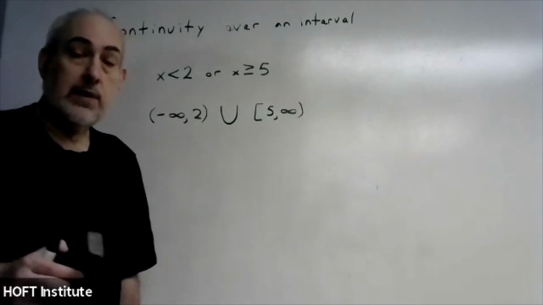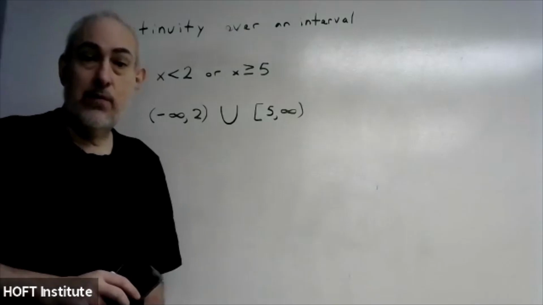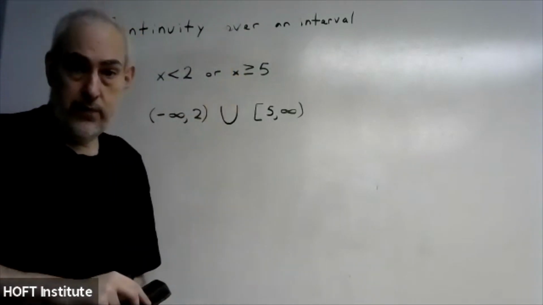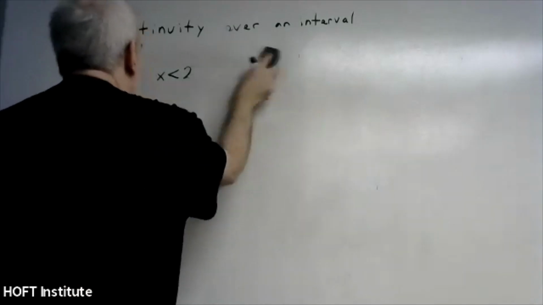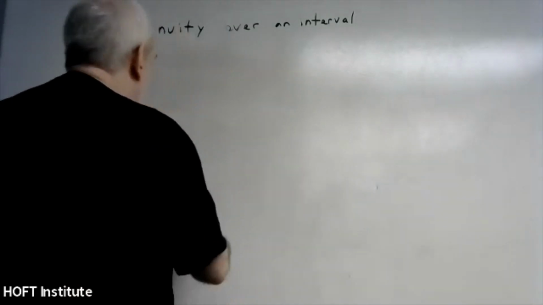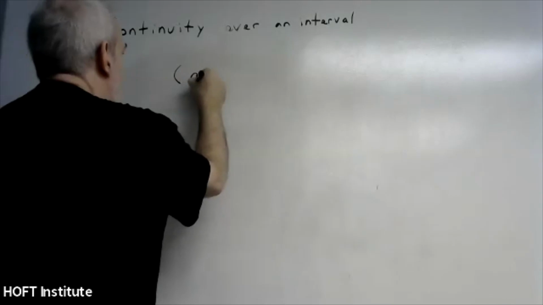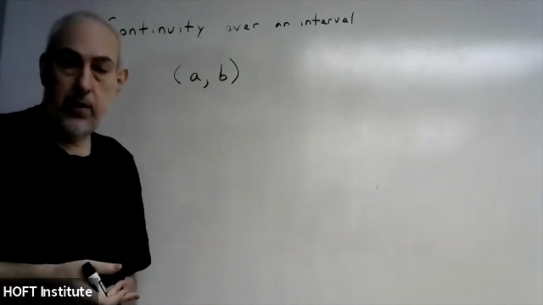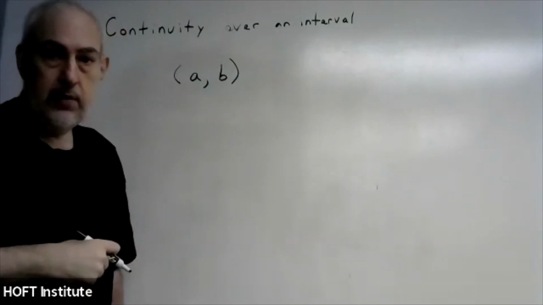Okay, so now that I've described interval notation, let's talk about continuity over an interval. First, let's talk about continuity over an open interval. Remember, open intervals have parentheses on both sides, so we're not including either endpoint.